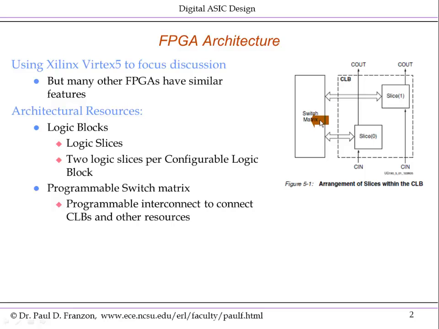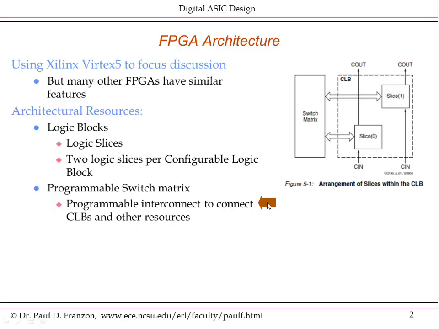You then have a programmable switch matrix that includes transistors operating as programmable interconnect that allows you to connect up the different CLB patterns within any format that you want in terms of the interconnect structure.